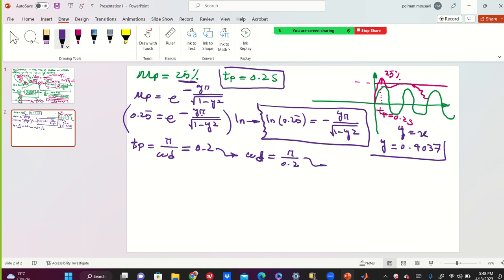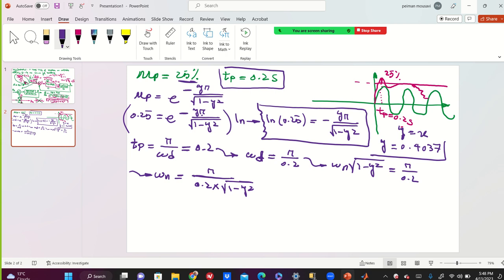We know, and I taught you, that the damped natural frequency is omega n times the square root of 1 minus zeta squared, which equals pi over 0.2. So from here you can find the natural frequency is pi over 0.2 multiplied by the square root of 1 minus zeta squared.